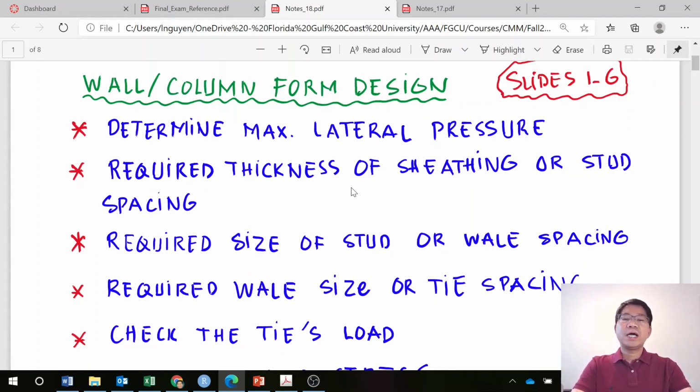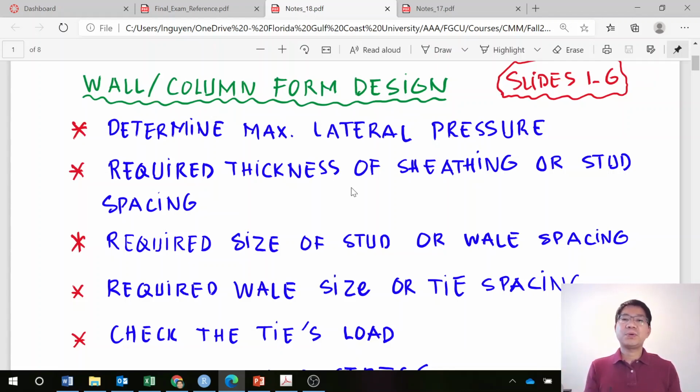And then we determine the required thickness of sheathing or stud spacing. So either they give us, or we choose the stud spacing and we determine the required thickness of the sheathing, or vice versa, give us the thickness of the sheathing, then determine the stud spacings. Similarly, the next step, we require the size of the stud.